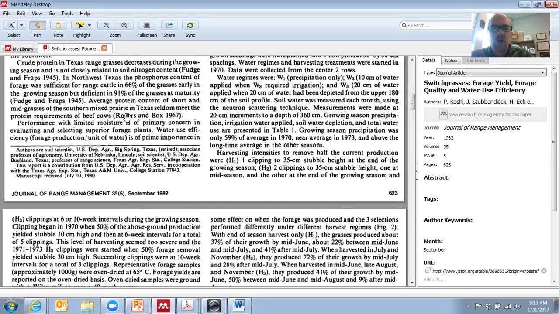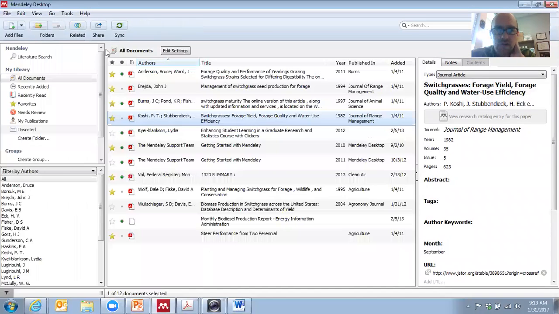One last thing, you can also upload the references. It's got all the references in here, and it will allow you to upload those references onto a Word document, and it'll go ahead and set it up in whatever style you want to have, and it'll do it alphabetically. So instead of sitting down and typing out all the references, it'll do it for you.